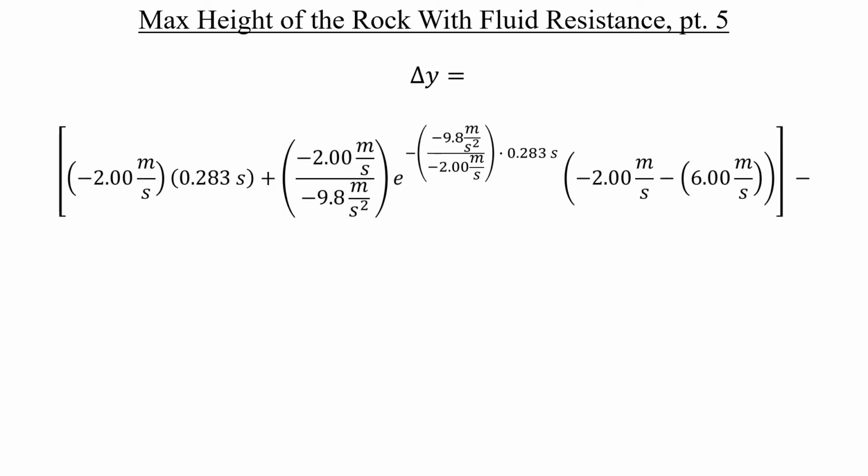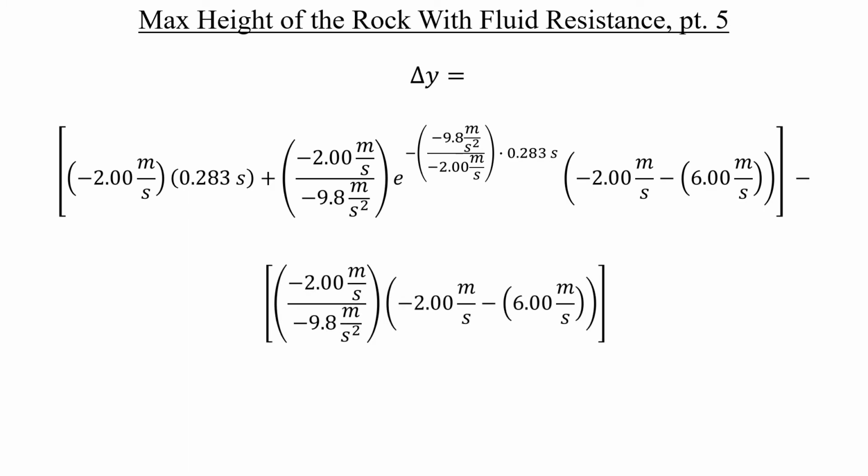Our first expression with the endpoint of 0.283 seconds is going to be everything in these square brackets here. Just to recap, our terminal velocity and the acceleration due to gravity are negative in this coordinate system. So be sure to include negative signs everywhere you see them. Otherwise, you won't get the right answer.